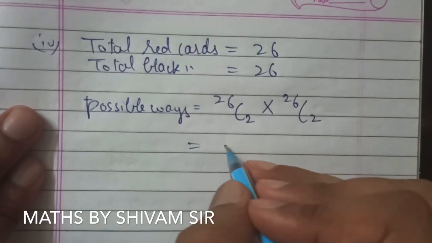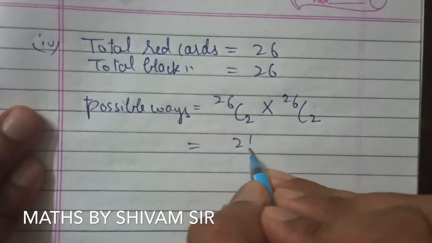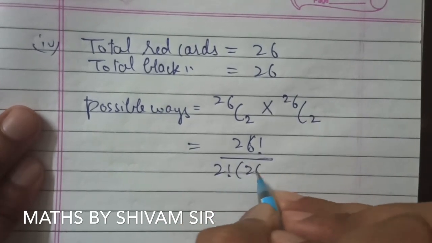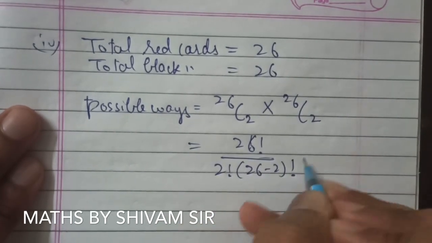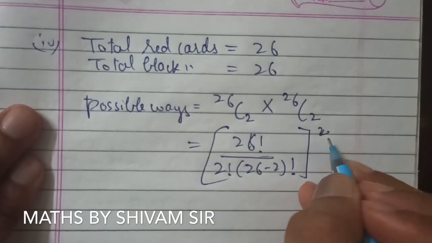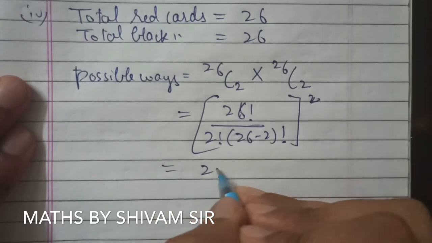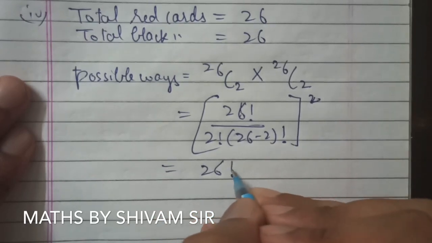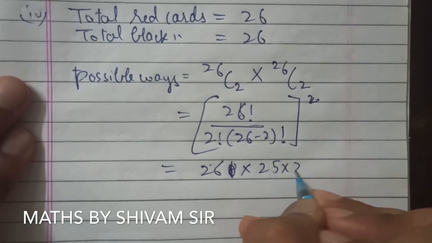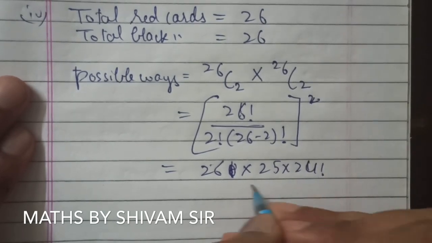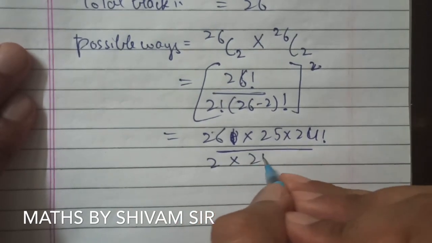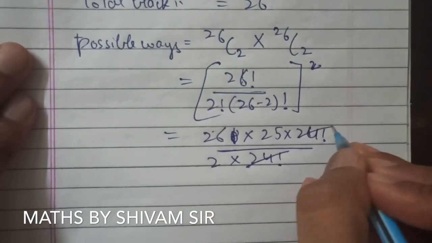So that means this is 26 factorial upon 2 factorial, 26 minus 2 factorial, right? Whole square of this. These two are same. X multiply x is what? X square, right? So 26 factorial, this we can write down as 26 multiply by 25 multiply 24 factorial upon 2 multiply by 24 factorial. 24 to 24 get cancelled.